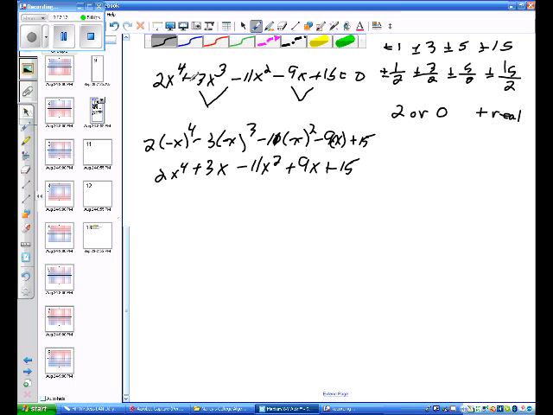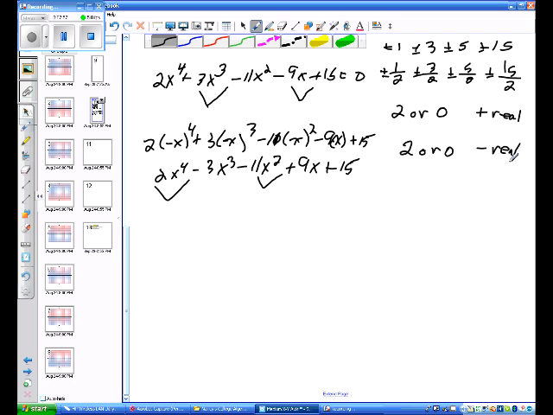And again, if you look at the original, the ones whose signs changed were the ones that were raised to an odd power. So that should be a negative. I wrote down the wrong sign. Our x squared stayed the same. Our 9x changed. So now we have 1, 2. So we have 2 or 0 negative real roots.